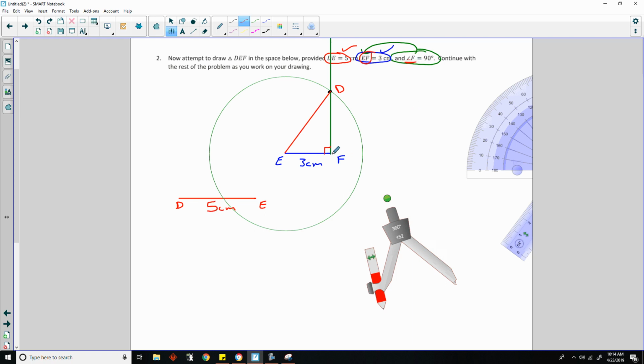First, draw a segment, now draw a 90-degree angle with my protractor at the endpoint F. And then I drew DE, which is the side length 5 off to the side, used that to open my compass up 5 centimeters, placed it at E, rotated it, and found where it intersected the green segment that made a 90-degree angle with EF. And there is my right triangle, and notice it only created one.